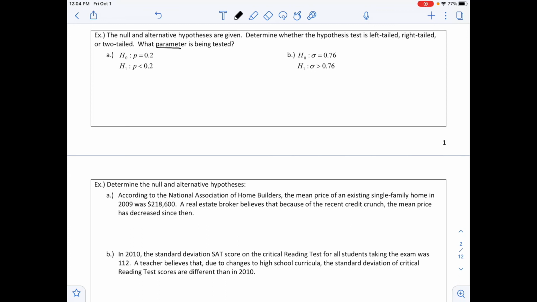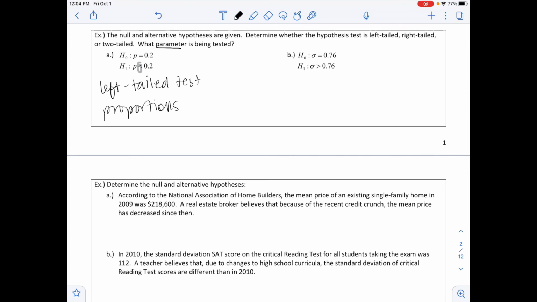So for part A, we have H naught is P is equal to 0.2, and our alternative H1 is P is less than 0.2. And since we have a less than symbol, that means that this is a left-tailed test. And then the parameter that we're using is P, and that P stands for proportions. So that's our parameter.